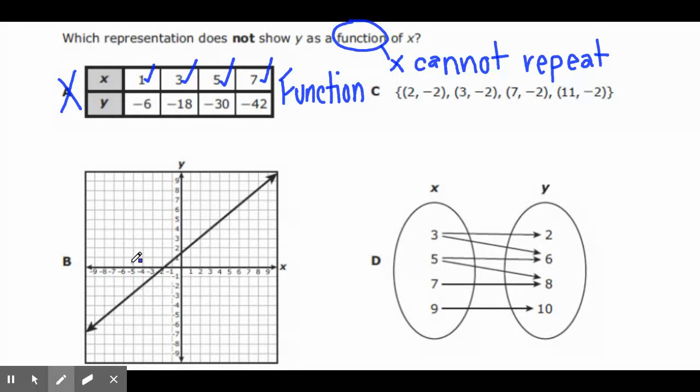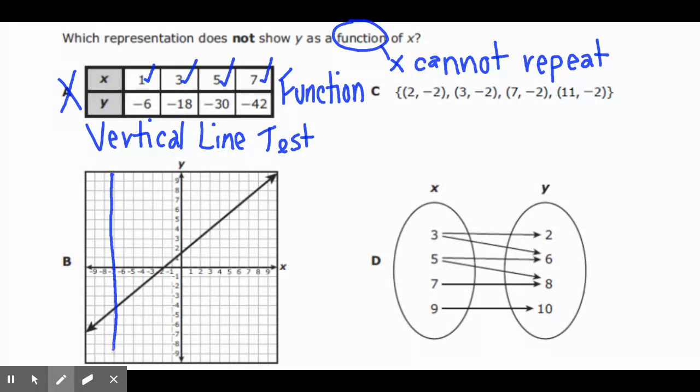Let's look at B. With a graph, we use the vertical line test. A vertical line, remember, is one that is drawn up and down. Our vertical axis is the y-axis, so that's one vertical line you can look at. But let's draw a few just to make sure that the line only passes through the graph one time.